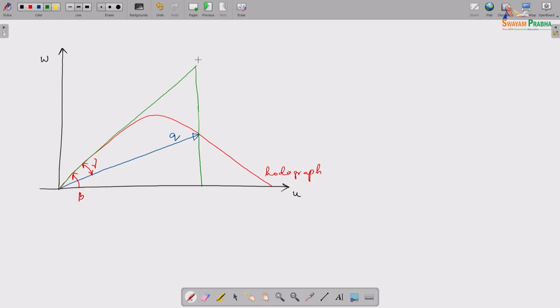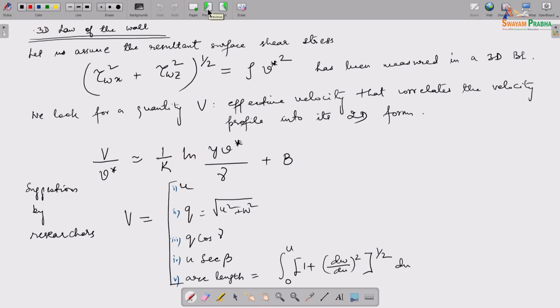So, I am going to call these A, B and C. In that case, AC will be my U, this will be my W, and B, this one is Q. So now essentially, the possibilities of V could be U, Q, Q cos gamma, U sec beta and the arc length.